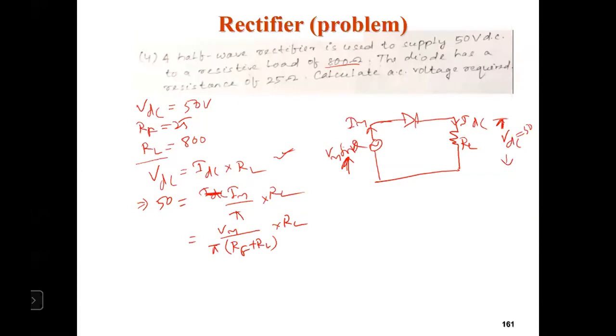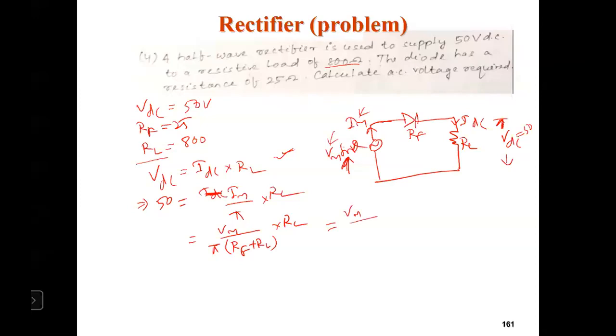Now how much will this Im be? This will be the maximum peak voltage Vm divided by the net resistance. So what is the net resistance? RF plus RL, the diode's RF and RL. So it is Vm by RF plus RL, into RL. Now you can put in all these values and calculate. Vm is the unknown quantity.